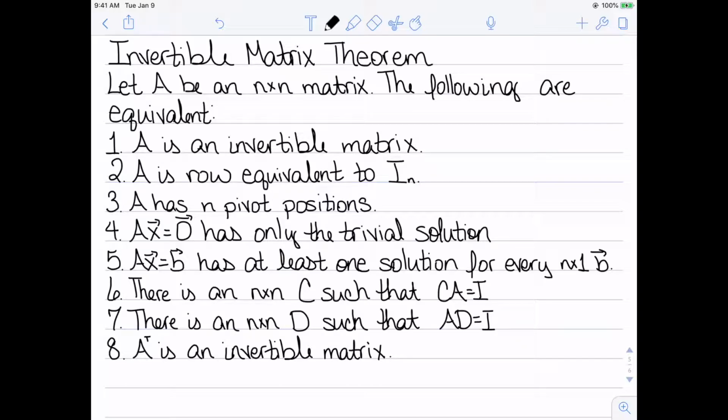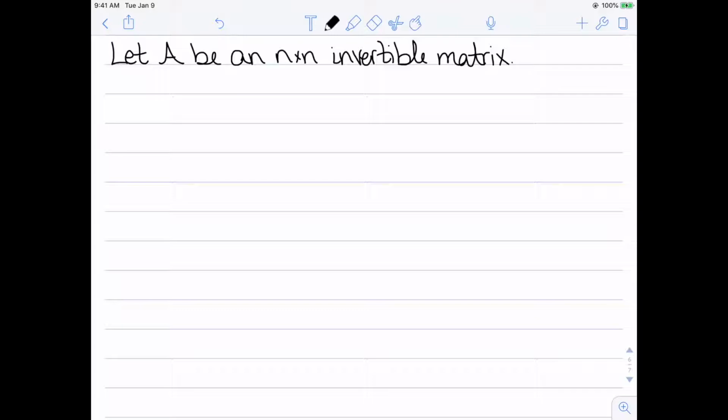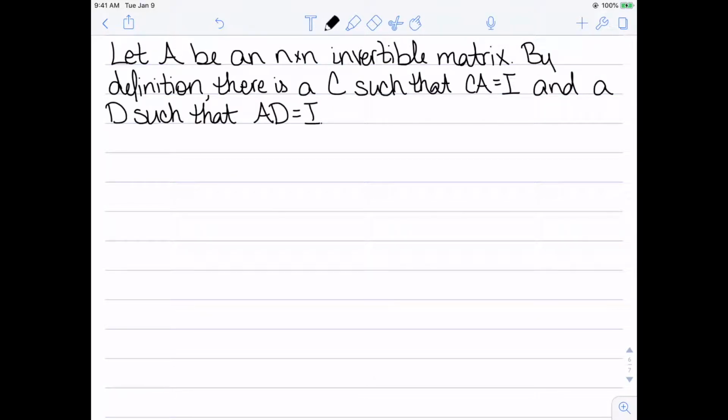So let's try to go about proving some of these. Let's start by letting A be an n by n invertible matrix. By definition of an invertible matrix, there's a matrix C such that CA is equal to I, and a matrix D such that AD is equal to I. In particular, the definition of an invertible matrix actually tells us that C is equal to D. But this does tell us that number 1 implies number 6, as well as number 1 implies number 7.